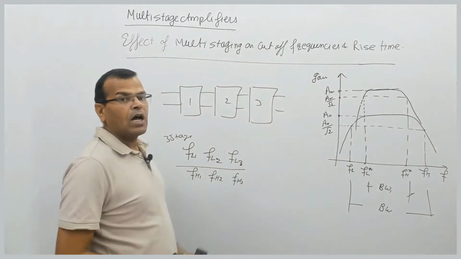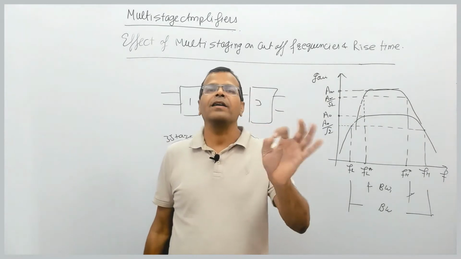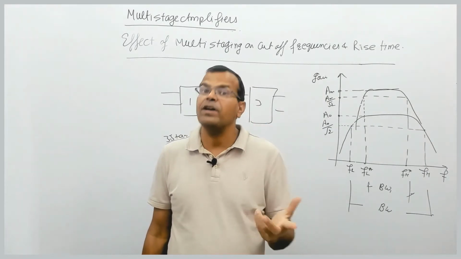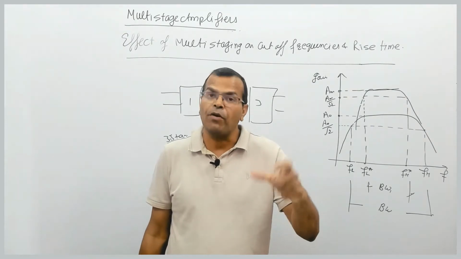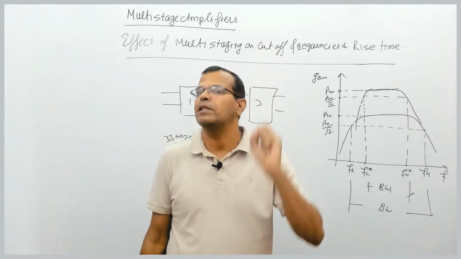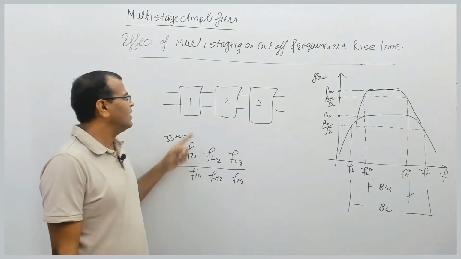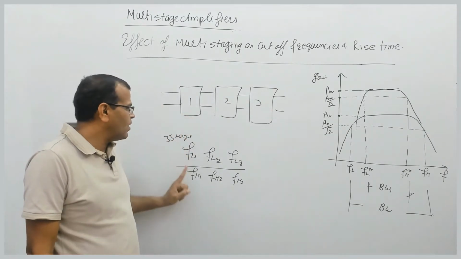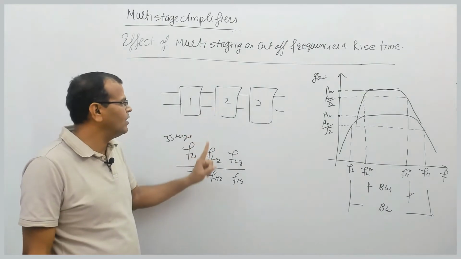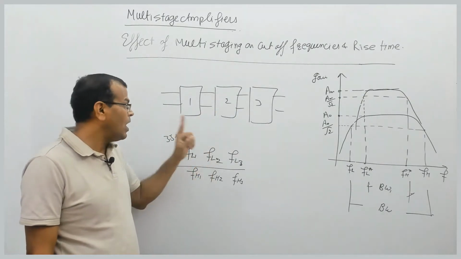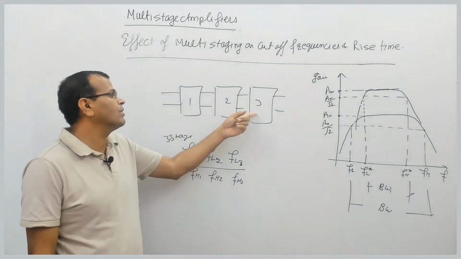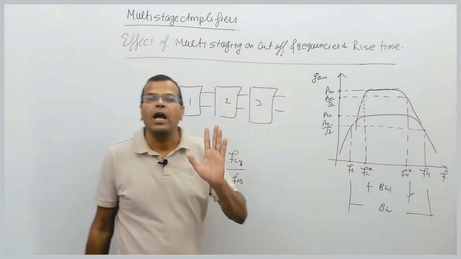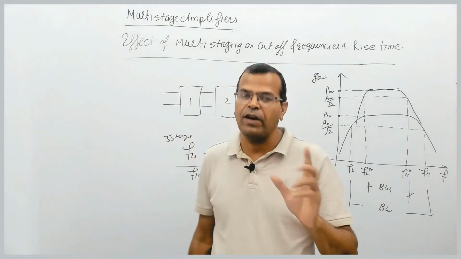All stages are not identical, all the stages have different amplifiers, but all are forming one single multi-stage amplifier. So for this amplifier, lower cutoff frequency is FL1, upper cutoff frequency is FH1. For this, lower cutoff frequency is FL2, upper cutoff frequency is FH2. For this stage, lower cutoff frequency is FL3, upper cutoff frequency is FH3.